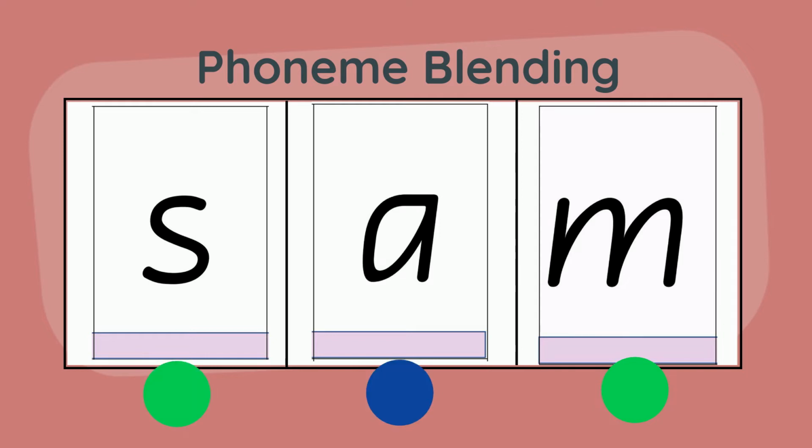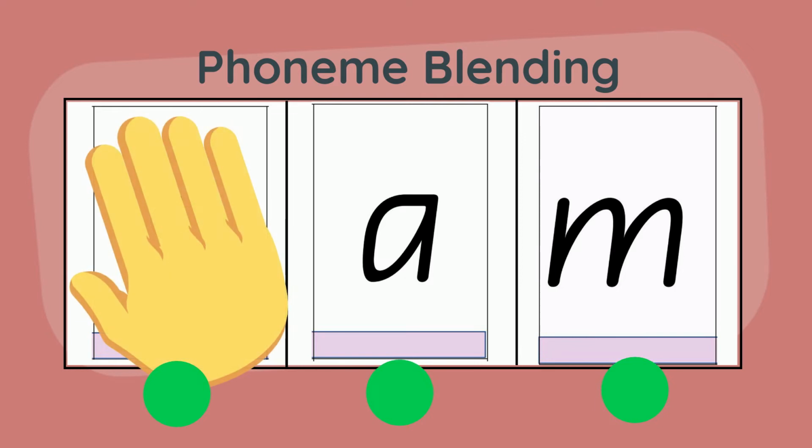S, A, M. Now blend it more quickly. Sam. Sam. I read the word Sam. Now watch what happens when we cover up the S. Am. It says am. The word Sam without the S is am.